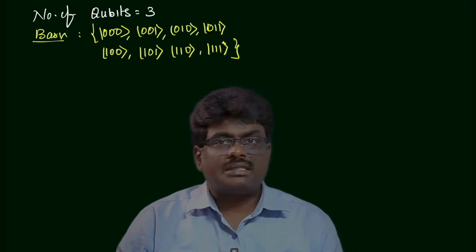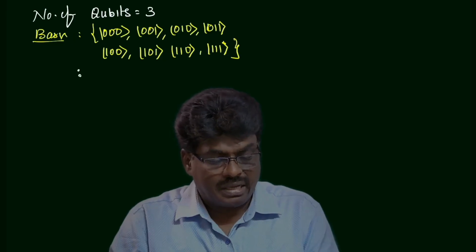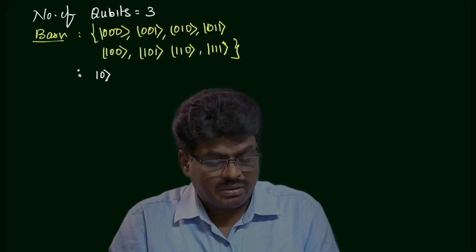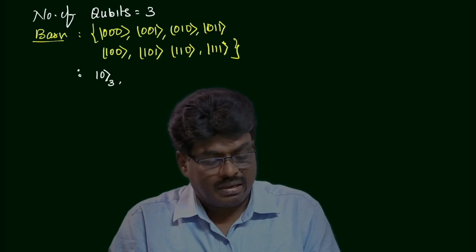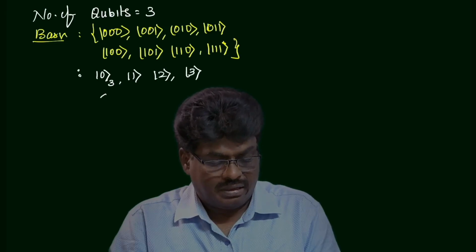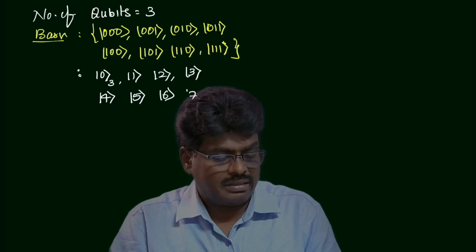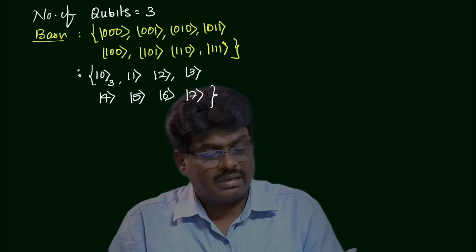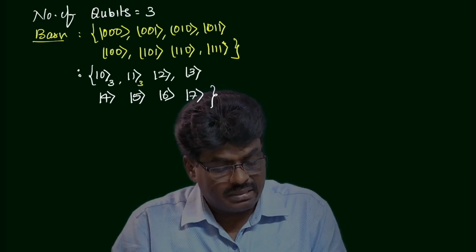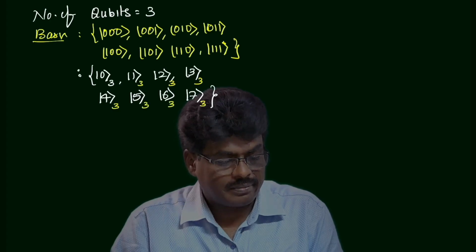So these are the base states in a binary notation, but in this method I'm going to use this as a 0 with the 3 qubits, and 1 2 3 and 4 5 6 and 7. These are decimal numbers, and this 3 suffix indicates we have 3 qubits, right?